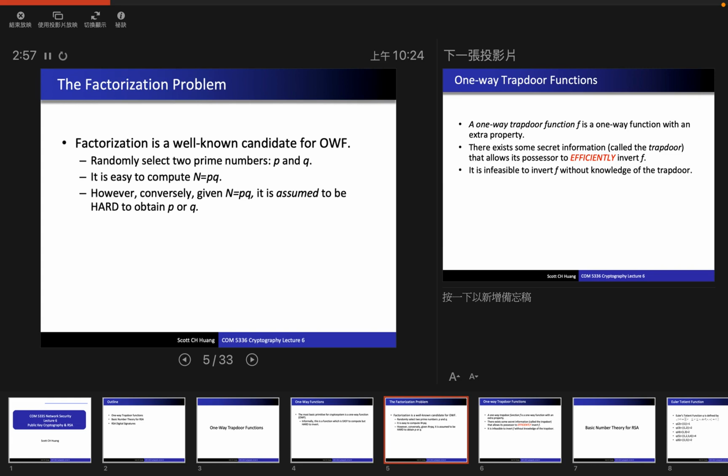So there are two directions, right? One direction is you're given P and Q, and then the output is P times Q. The opposite direction is you're given n, and then you factorize it to get P and Q. This direction is very hard. How hard is it?